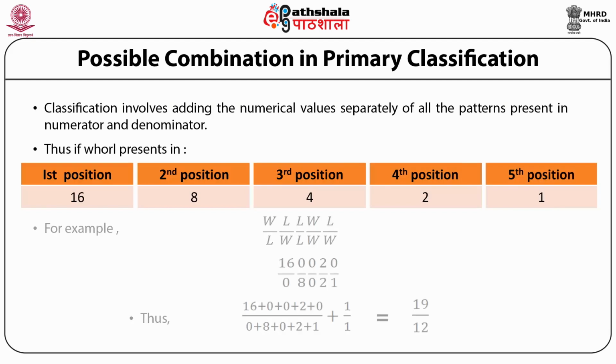Then, after calculation, the inversion of this number 12, it becomes 12 divided by 19, and it becomes the primary classification number. This record will be in the 12th hole or in the division of the 19th horizontal row of the cabinet.